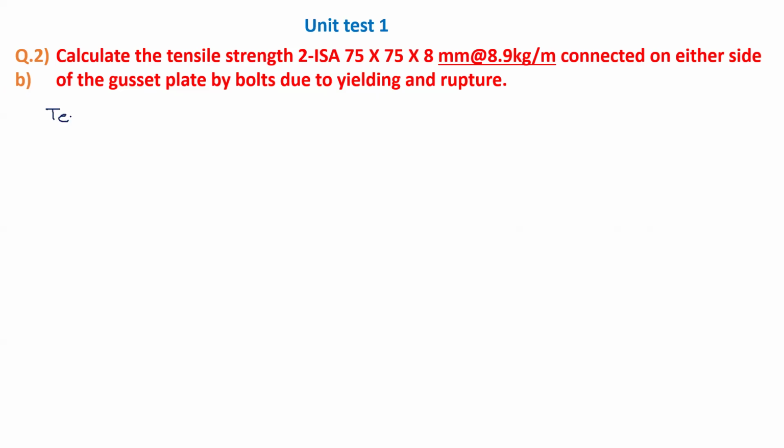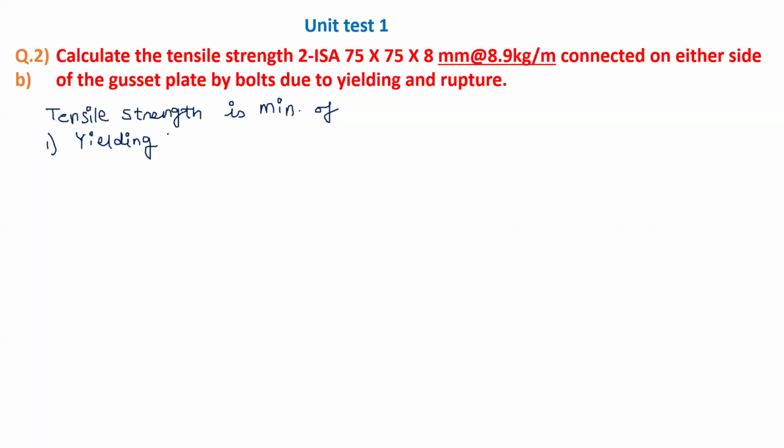So we have tensile strength is the minimum of: first, yielding of gross cross section, that is TDG, and second, rupture, that is TDN.